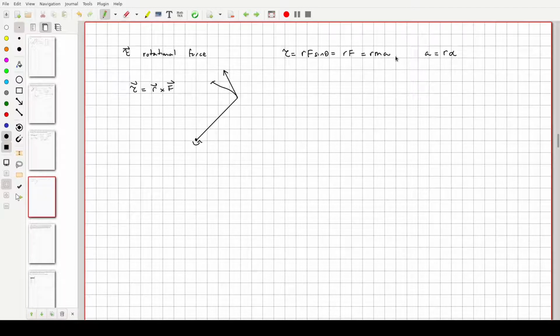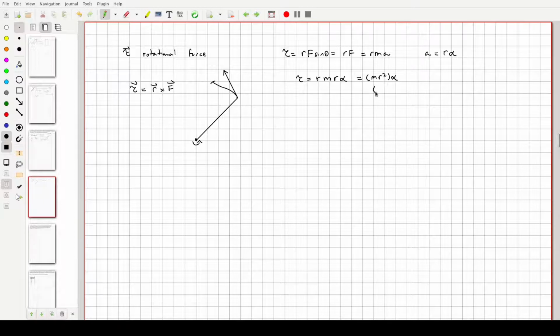So this is tangential acceleration. So here, the torque is R times M times R times alpha, or M times R squared times alpha.